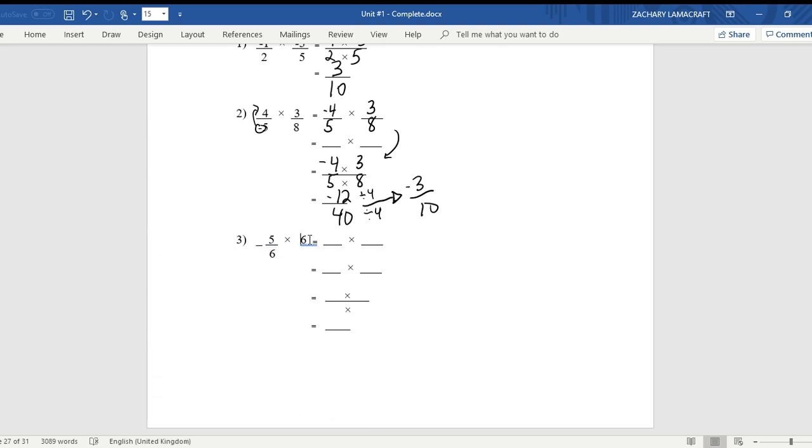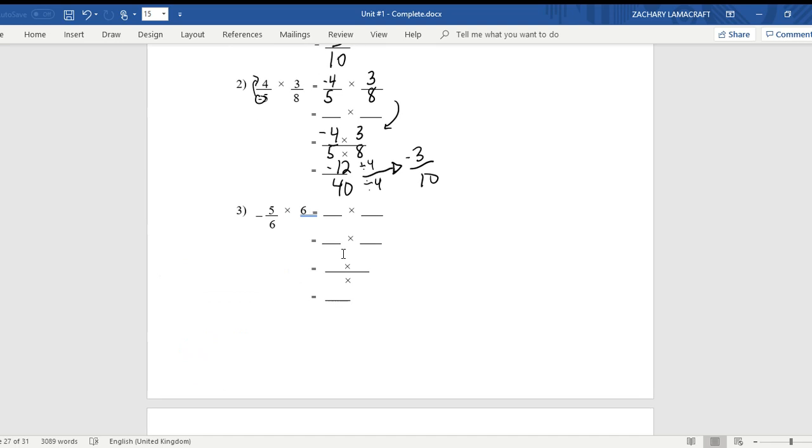All right, so for our next one, we have -5 over 6. So if we rewrite that, times 6. Well, anytime we have a whole number, guys, it's always over 1, okay? So it would be over 1. So in this case, we'd have -5 times 6 and 6 times 1. So it would be -30 over 6.